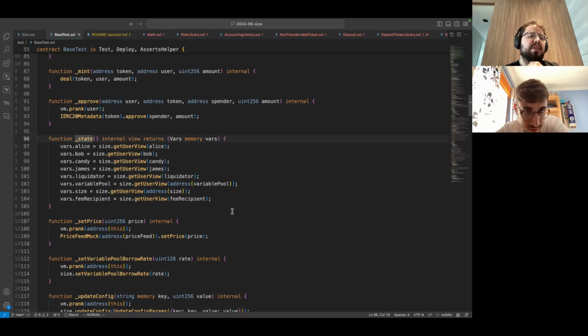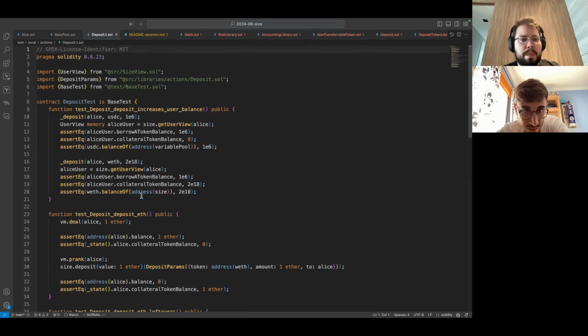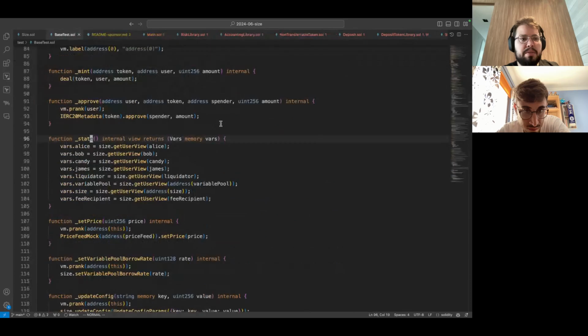This is interesting. We have a function to fetch the current state of all actors, and this makes the comparison between what you are expecting and what you get a bit easier. Let's go to the deposit test. A deposit is very simple.